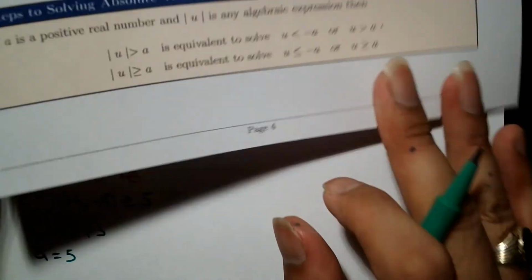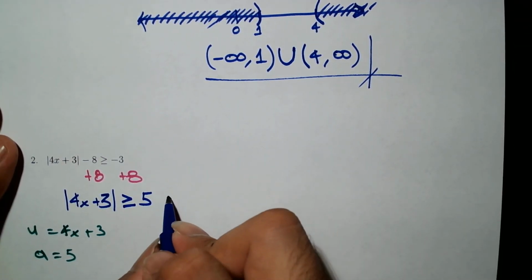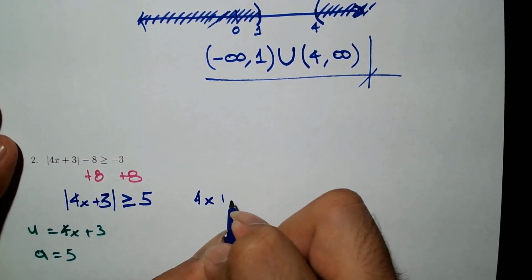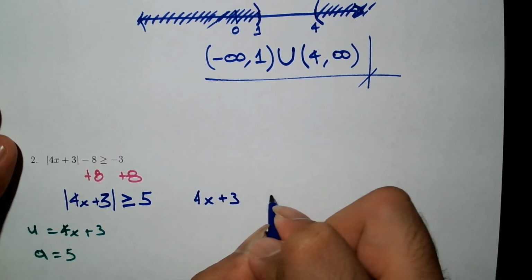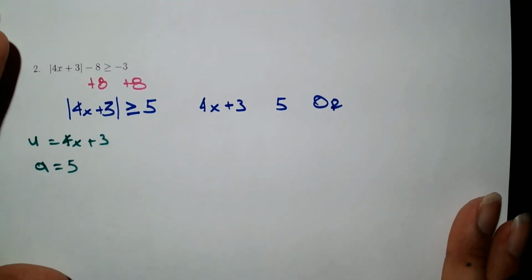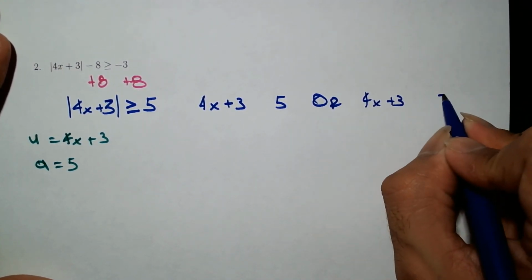Okay, so now that we know which one is which, we break this up into 4x plus 3, the number 5, or 4x plus 3, the number 5.